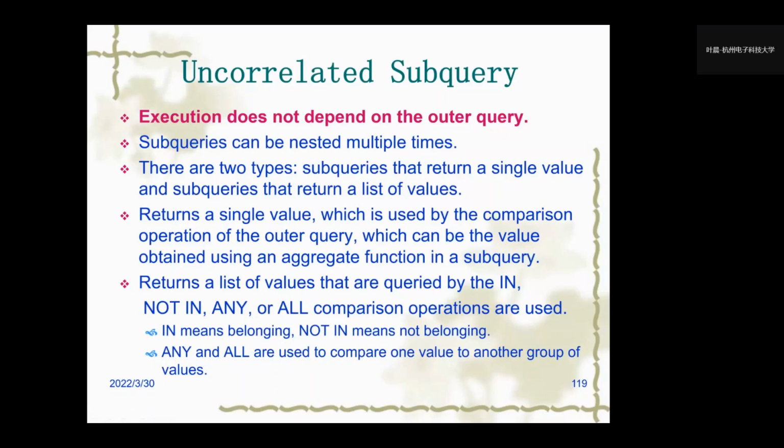If you want to return a list of values, they are queried with in, not in, any, or all. In means belonging and not in means not belonging. Any and all are used to compare one value to a group of values.